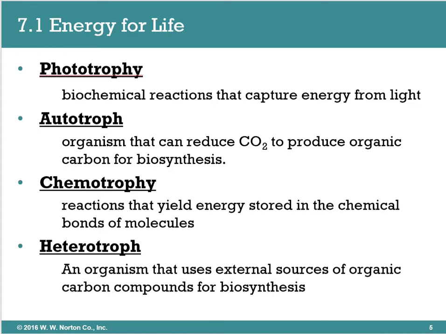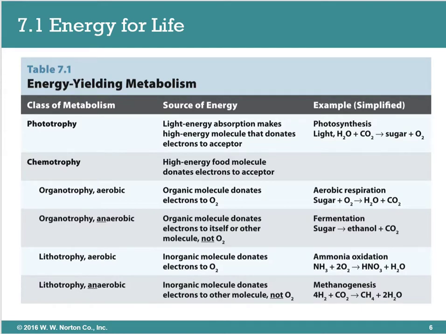The next slide is a table that shows everything in one little spiel. The big thing I want to point out from this table is specifically the chemotrophs. Chemotrophs can be broken down even further. If you see something called an organotroph, these are guys that use organic materials, whereas a lithotroph uses inorganic materials.